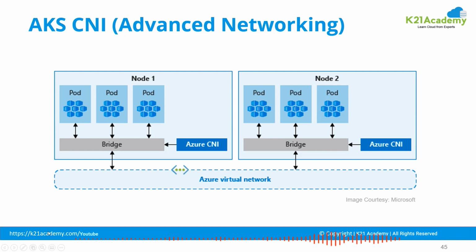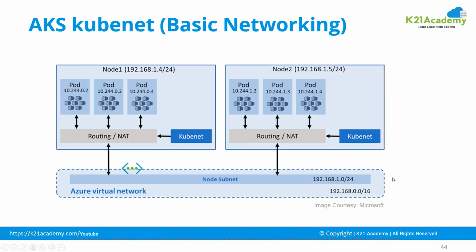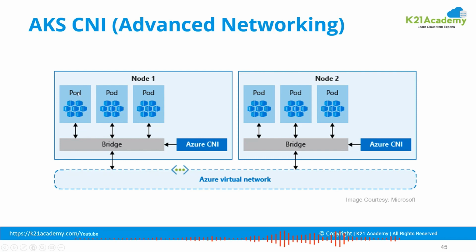So this is the advanced networking diagram. I have a virtual network, which is, for example, something similar to 192.168.0.0/16. There'll be an IP address from this subnet for pod 1, pod 2, pod 3, node 1, node 2, and so on.